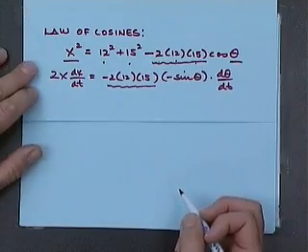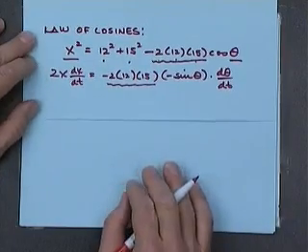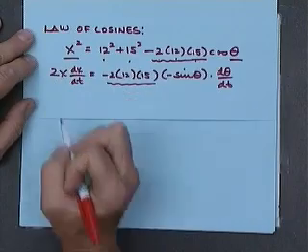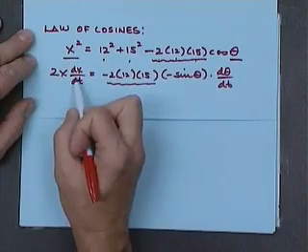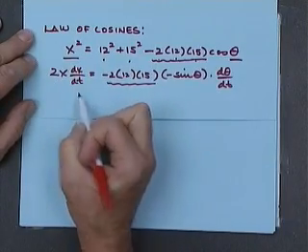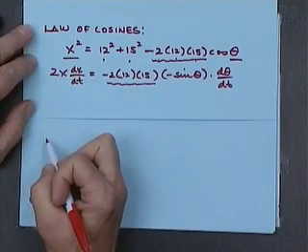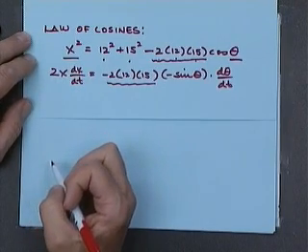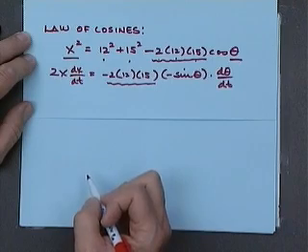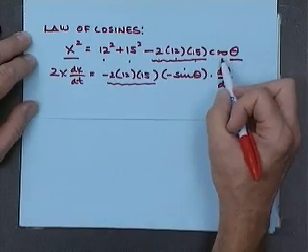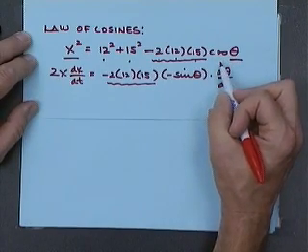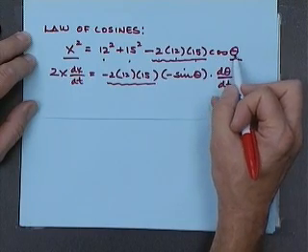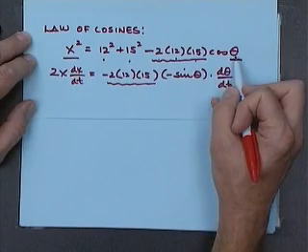So what do we know, and what are we trying to find? We want to find dx over dt, right? So that's going to be variable. Do we know everything else? I don't think we do. At the particular instant that we're trying to analyze, theta is pi over 3, right?